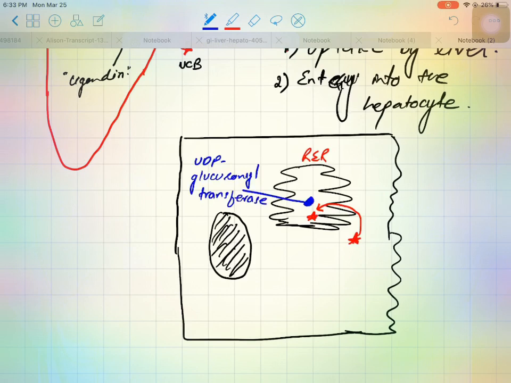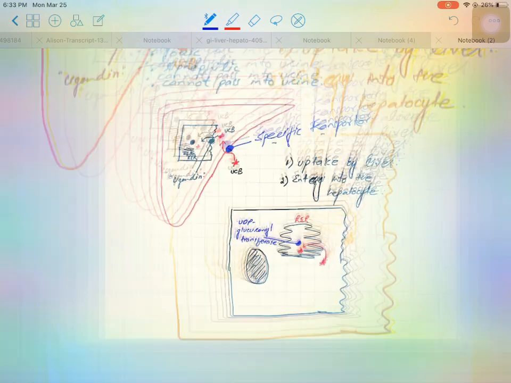This UDP glucuronide transferase is the enzyme which helps in the conjugation of bilirubin.